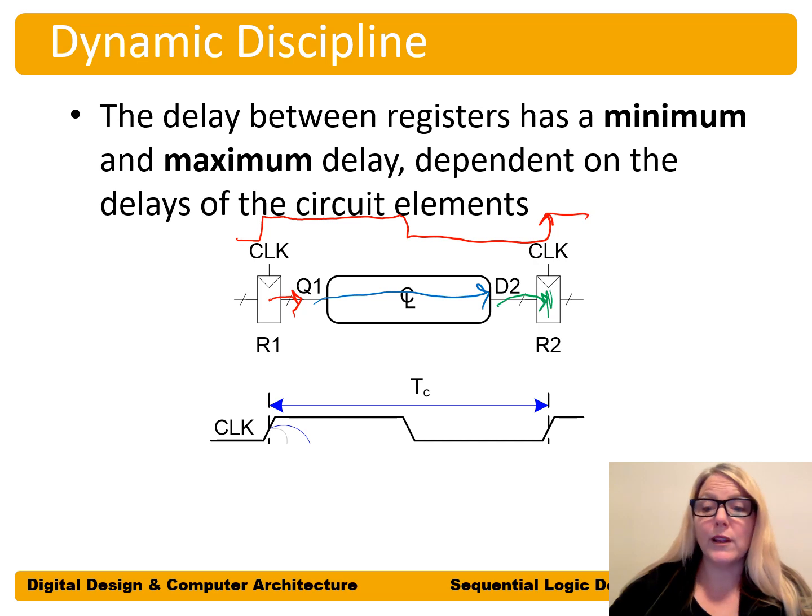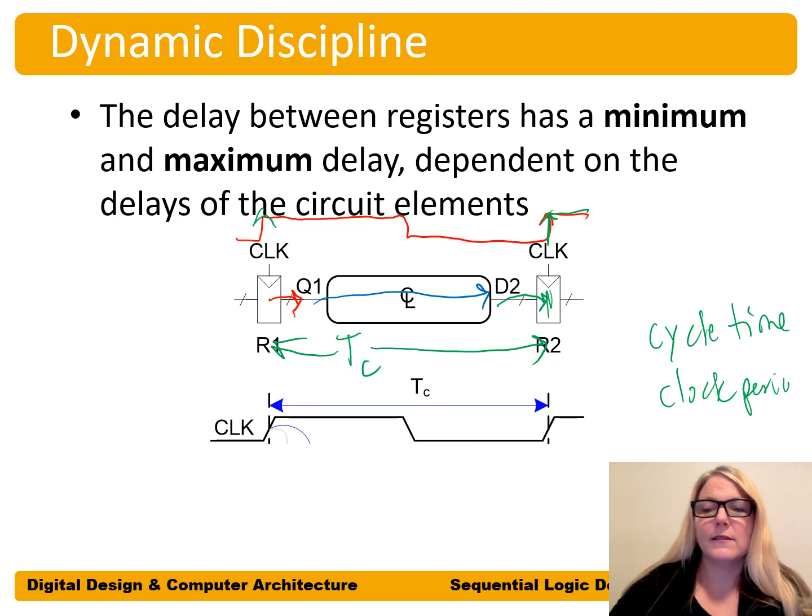And only at that point can we get the next rising clock edge. And so this time, at least the minimum time of that delay, is what we call the cycle time, or the clock period, between clock edges. So TC is the cycle time, also called the clock period, the repeat time for the clock.